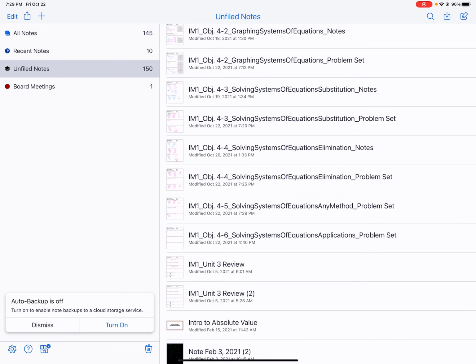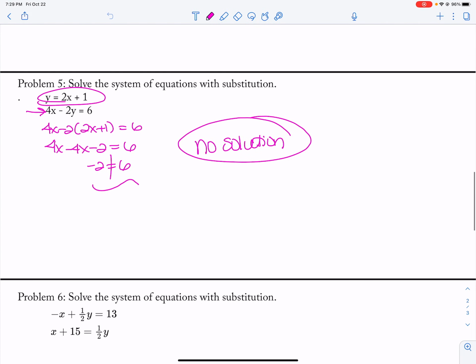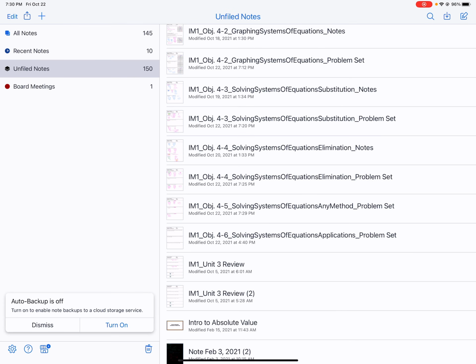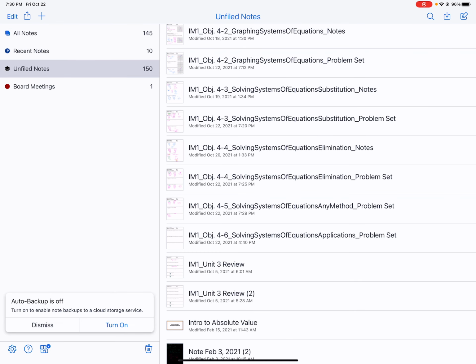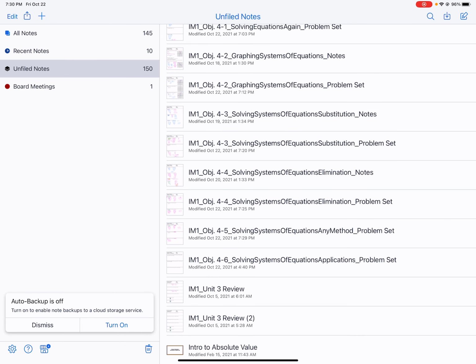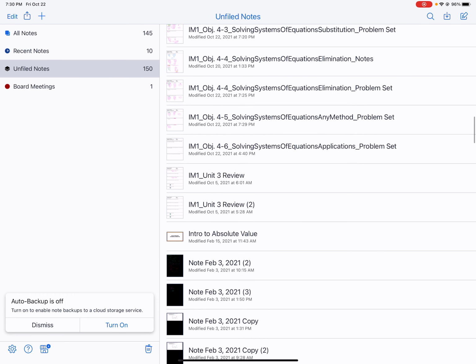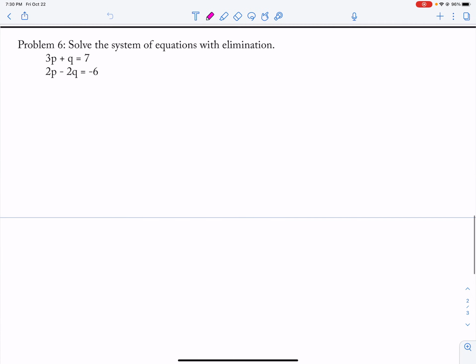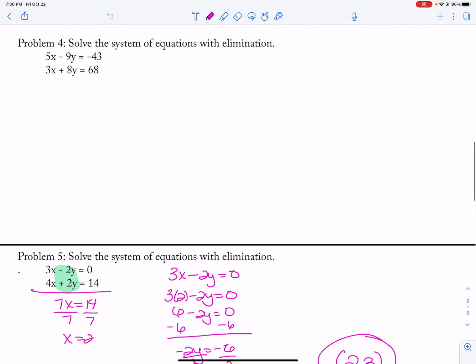Nope, not in 4-4. I'll find one and then I'll show you guys. Let's see. Probably maybe in the review assignment. But essentially, when we look at these, I guess I could make one up too.